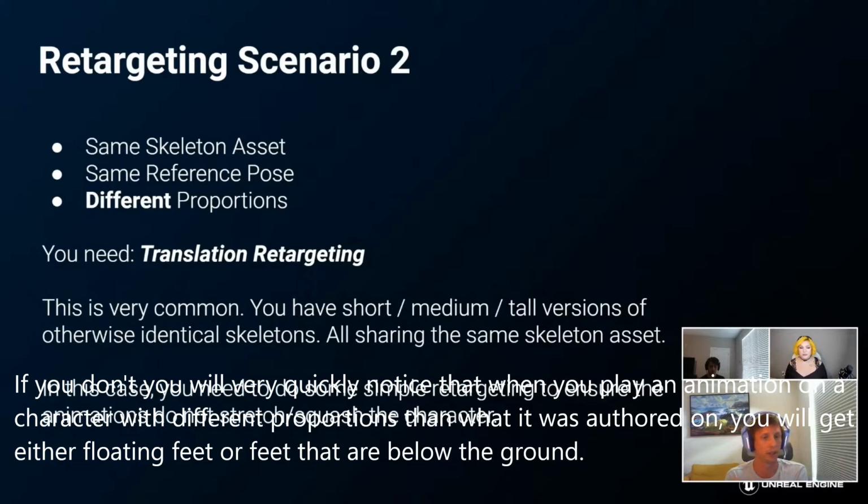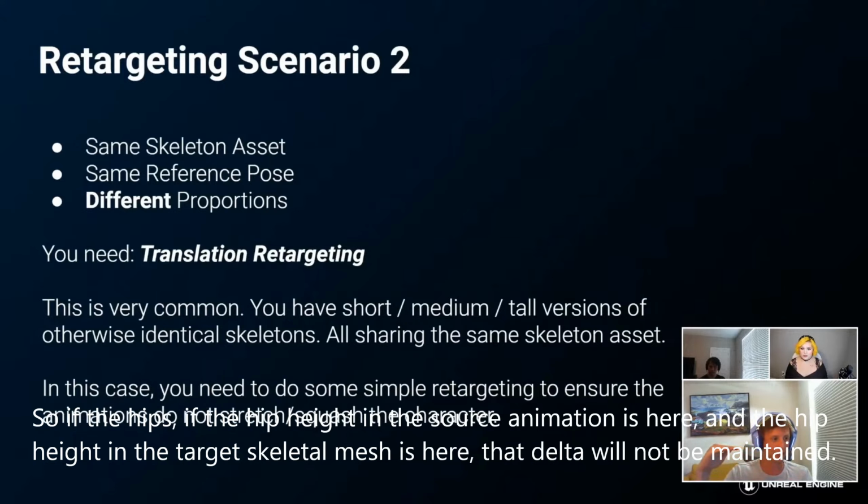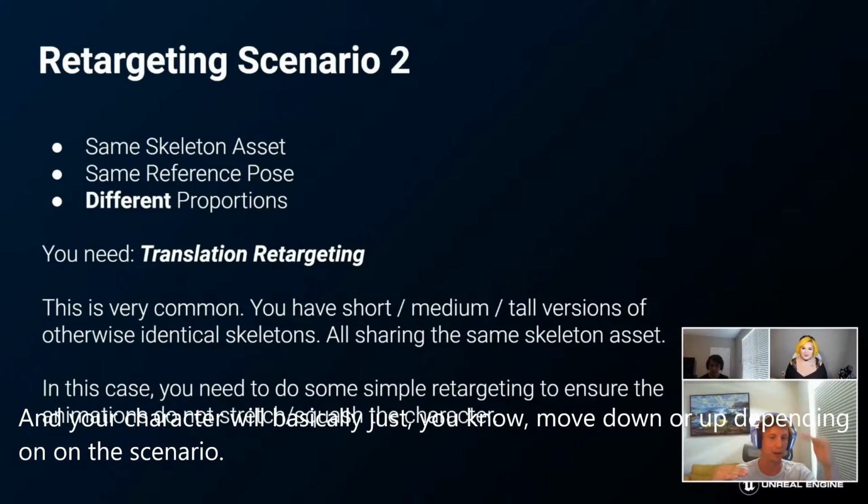If you don't, you will very quickly notice that when you play an animation on a character with different proportions than what it was authored on, you will get either floating feet or feet that are below the ground. So if the hip height in the source animation is here and the hip height in the target skeletal mesh is here, that delta will not be maintained, and the character will basically just move down or up depending on the scenario.